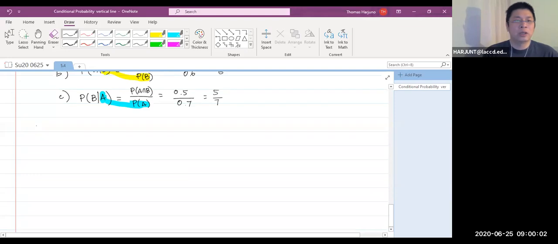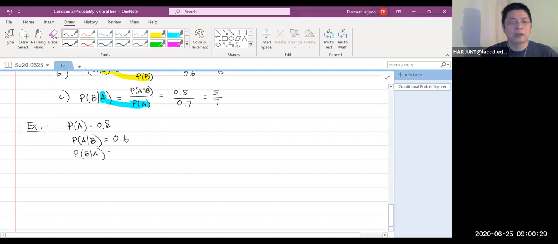The following is the harder one, but I usually ask this kind of question. For example, let's say probability of A is 0.8, probability of A given B is 0.6, and probability of B given A is 0.5.